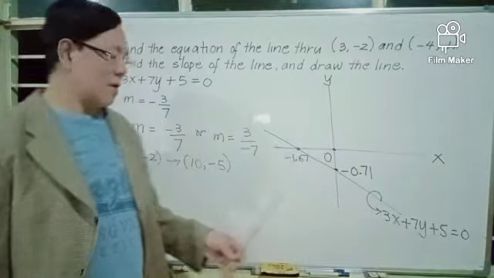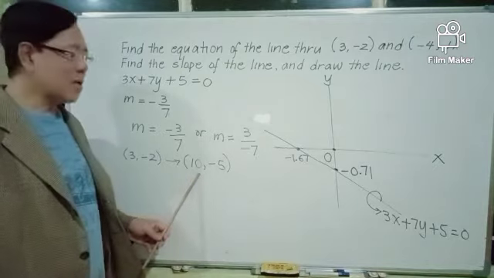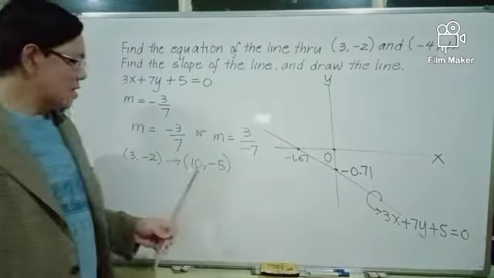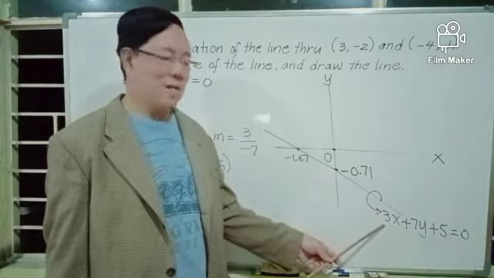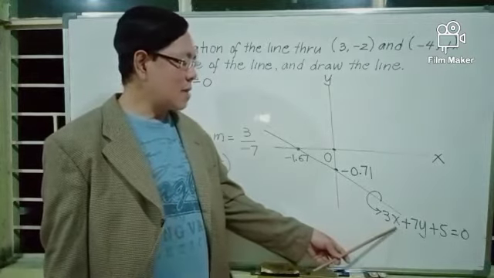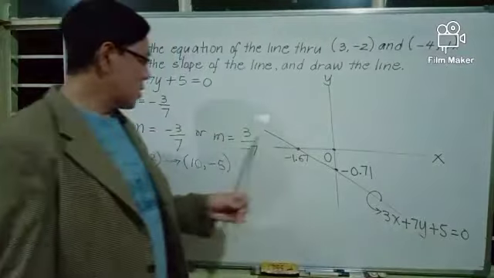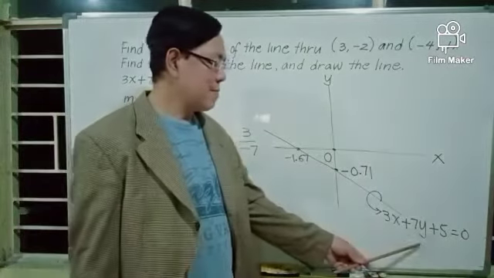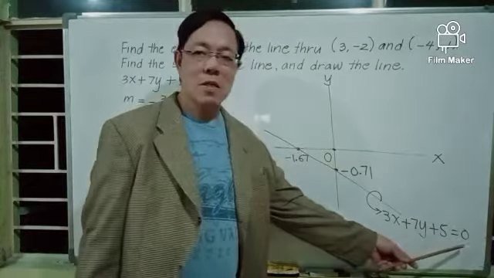Now let us check if this is a point on the line. As we said earlier, if the point is on the line, then the coordinates of the point must satisfy the equation of the line. We substitute 10 for x and negative 5 for y, and if we simplify, we should get a sum of 0.